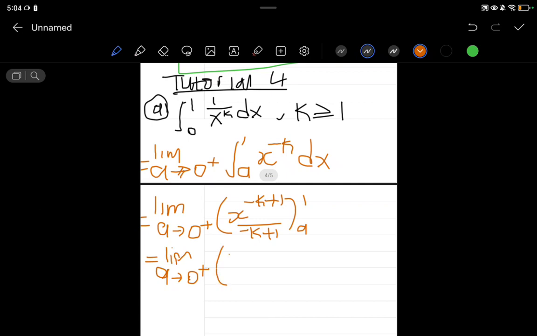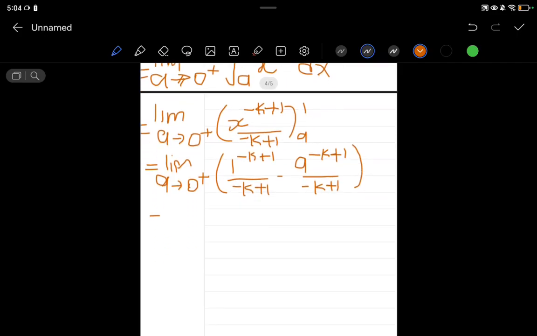If I plug 1 there, I'll have 1 to the minus k plus 1 all over minus k plus 1, minus A to the minus k plus 1 over minus k plus 1. Now the denominator is the same, so I can simplify this: 1 minus A to the minus k plus 1 over minus k plus 1.